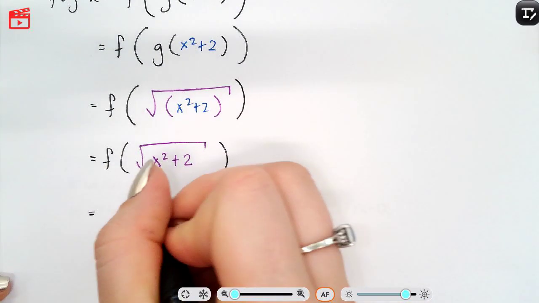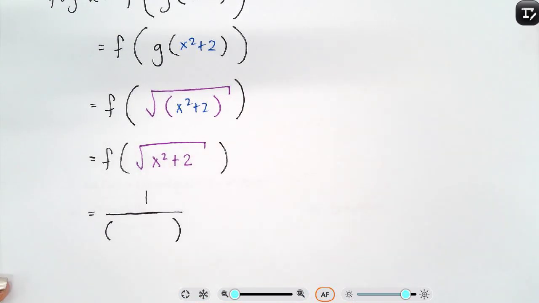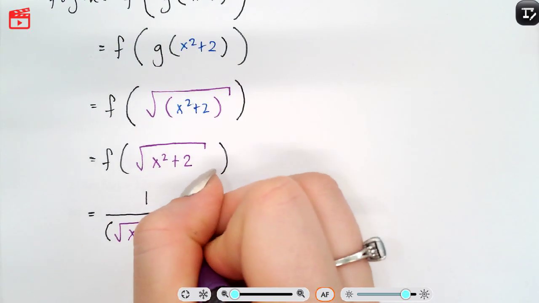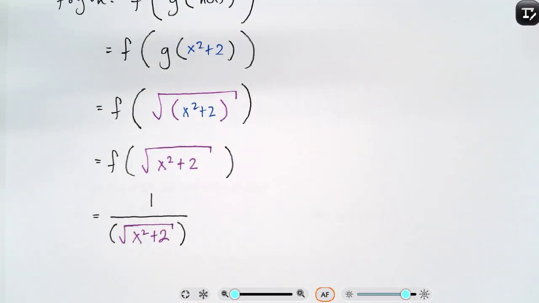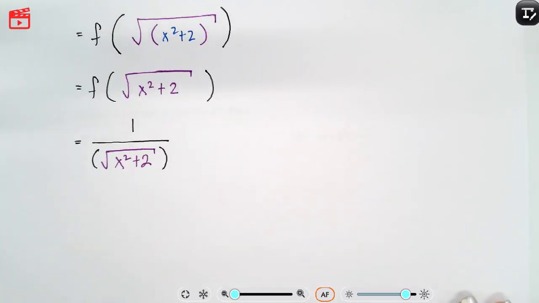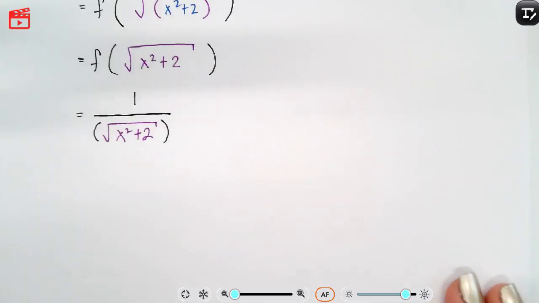And f tells me to take that and put it under 1. All right, but we're going to go ahead and rationalize this because we're not allowed to have a square root under the denominator unless told otherwise.